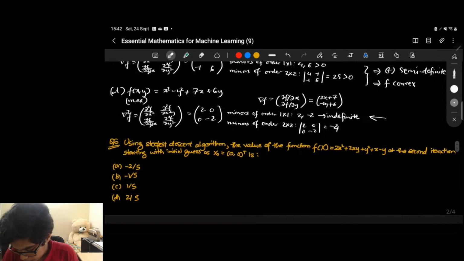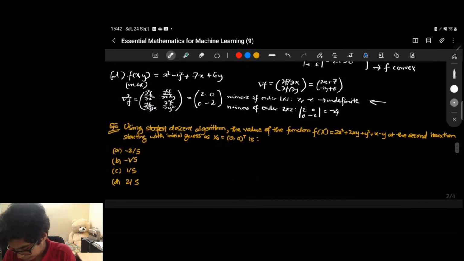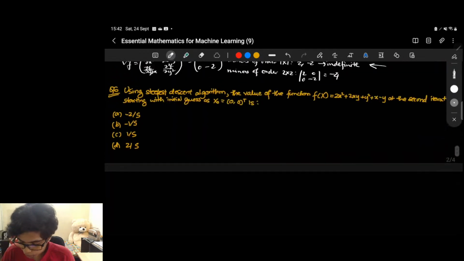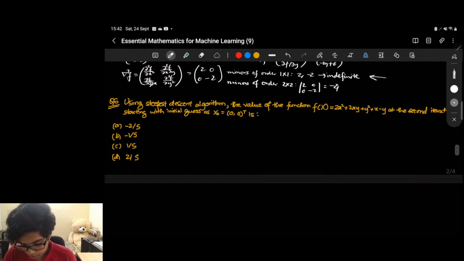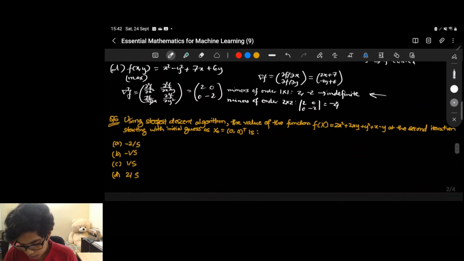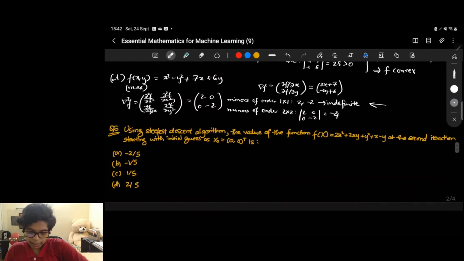Moving over to the next question. This is a pretty longish kind of an assignment, so the questions are a little bit lengthy in this assignment. So next question is, using steepest descent algorithm, find the value of the function f(X), where X means (x, y).